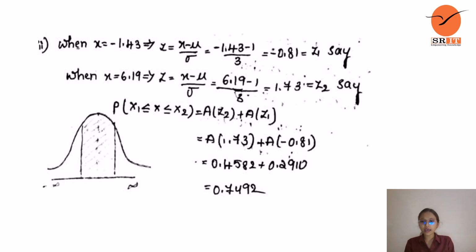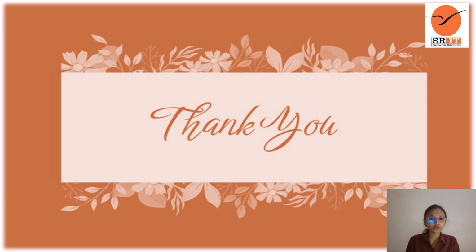We will consider it as z2, and p of x1 less than or equal to x less than or equal to x2 is equal to A of z2 plus A of z1, and upon solving it we get 0.4582 plus 0.2910, which is equal to 0.7492.